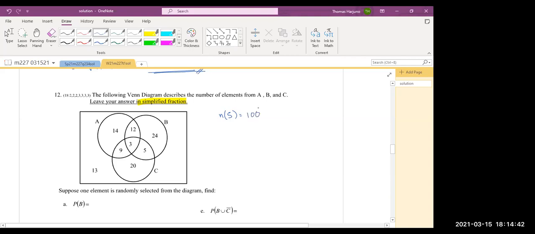Please confirm that. That's what I got. So what is the probability of B? In B, 24 plus 12 plus 3 plus 5 over 100. That's 44 over 100. 44 over 100 reduced by 4, I get 11 over 25.